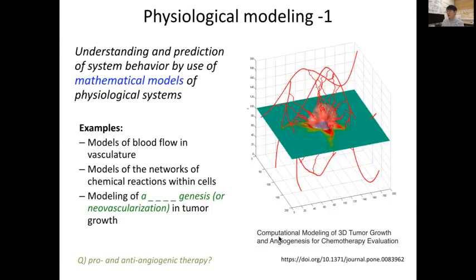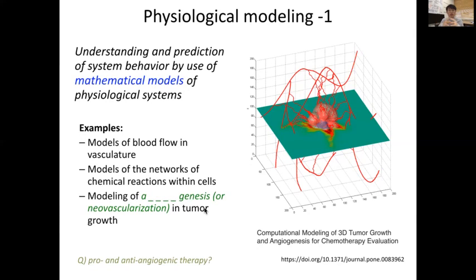So we can have computational modeling of 3D tumor growth and angiogenesis. And even for chemotherapy, which is a chemical treatment to stop the growth of the tumor, that evaluation we could use. So here, this concept of cancer and tumor growth and the relationship with the blood vessel gave us an insight how to treat cancer.